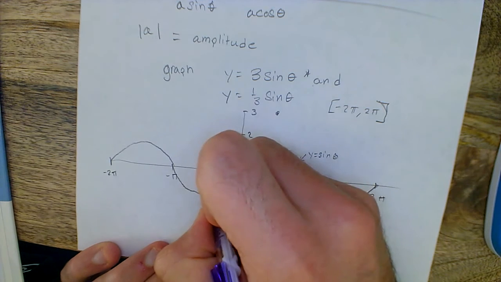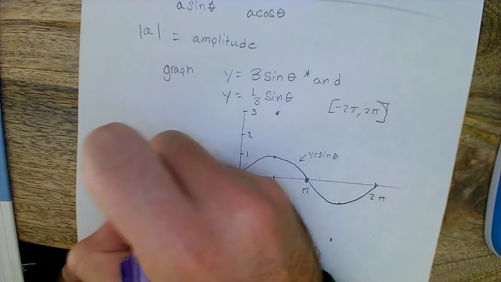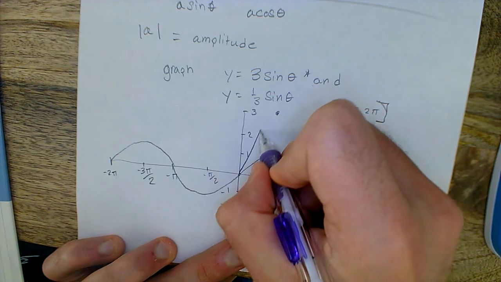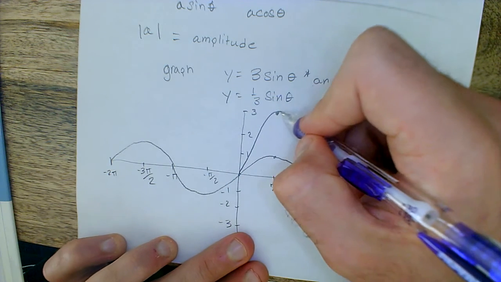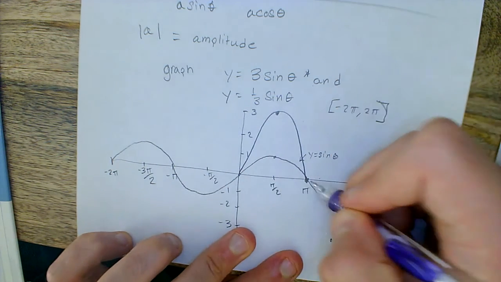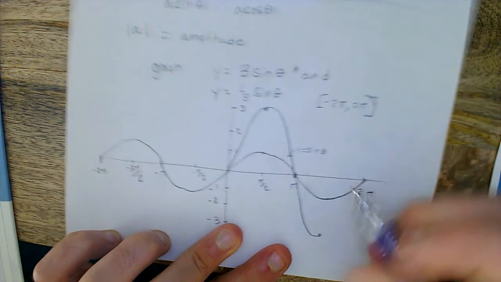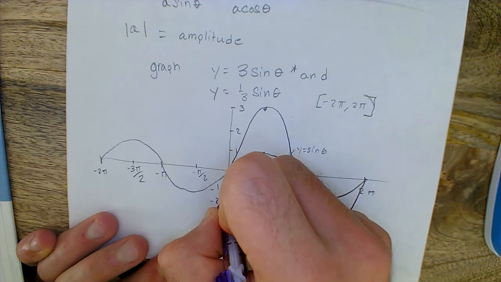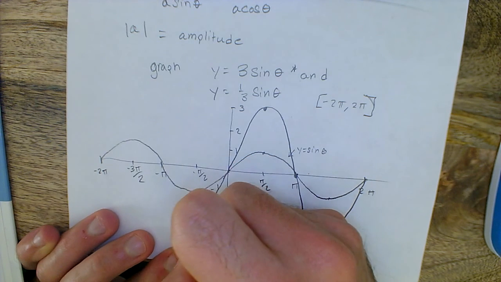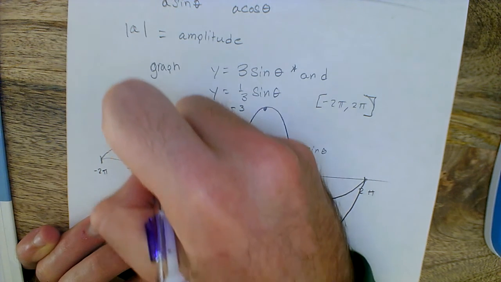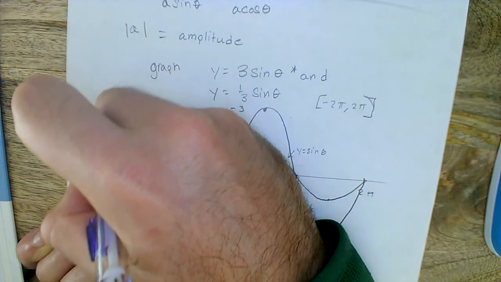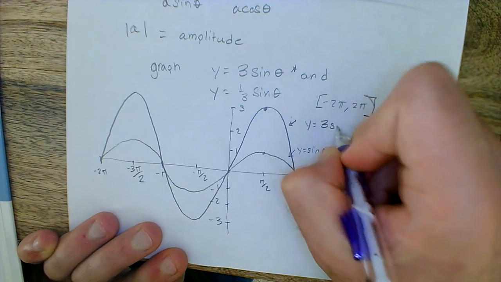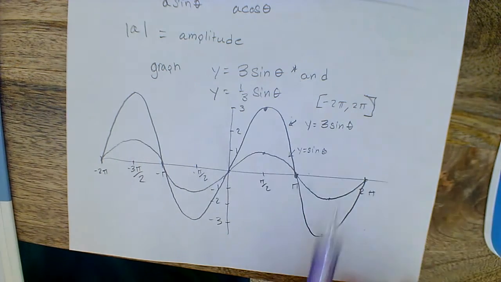So this graph will look like this. Okay, so this is the graph y equals 3 sine theta.